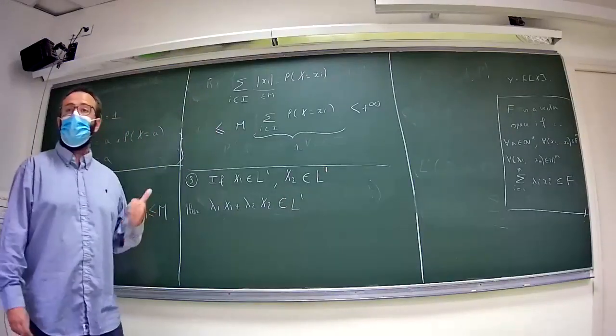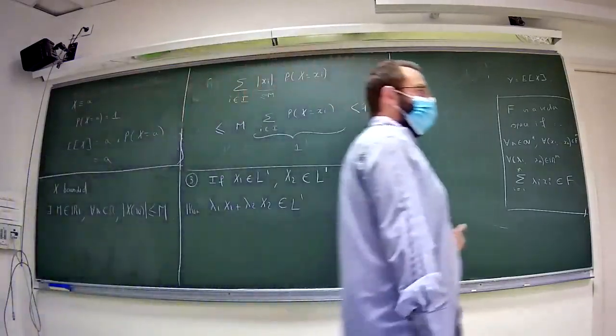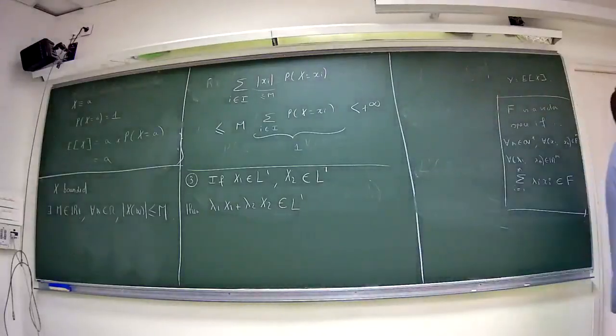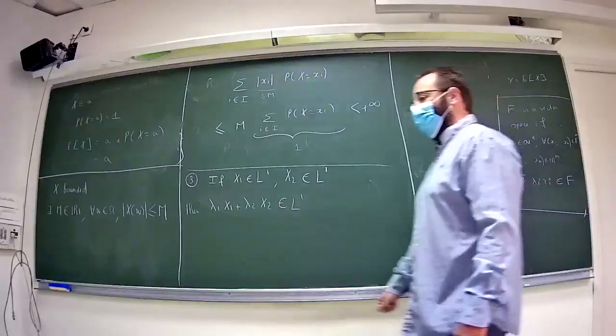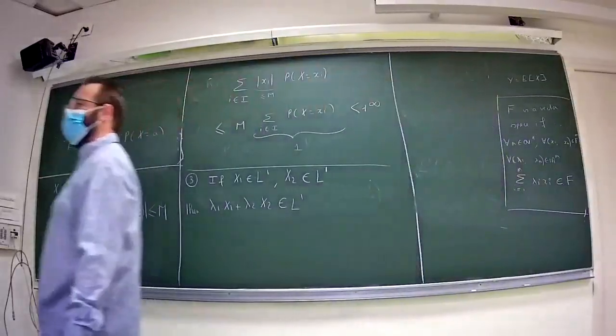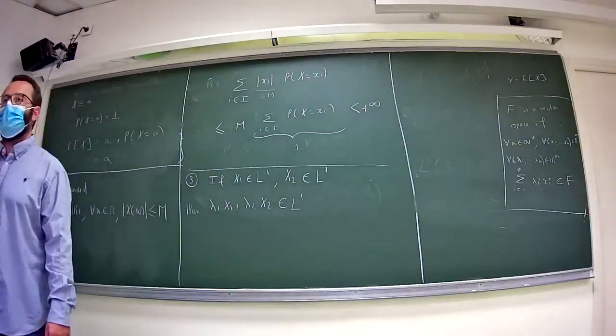So it means that if you are able to define the expectation of x1, and the expectation of x2, then you are able to define the expectation of any linear combination of them.